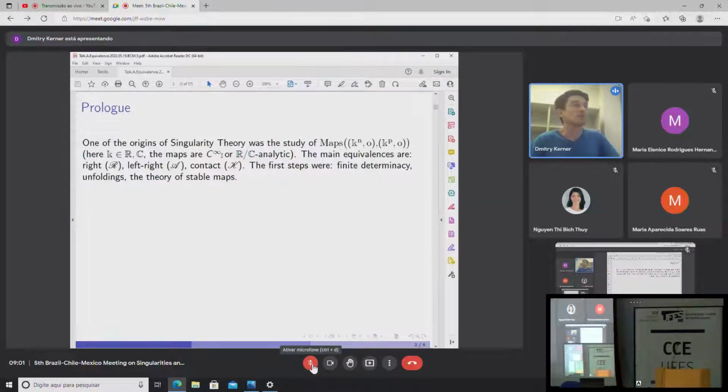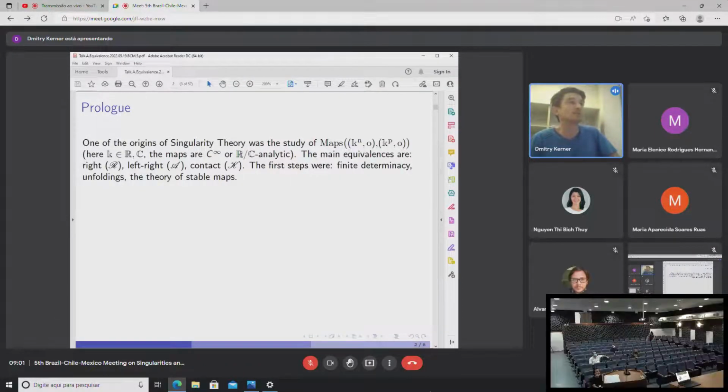This is how Whitney initially thought it should be done, and this is how it was done by Mather and others. These maps were studied up to right equivalence, left-right equivalence or contact equivalence. The first steps in this study were the finite determinacy of such maps, the theory of unfoldings, and the theory of stable maps.